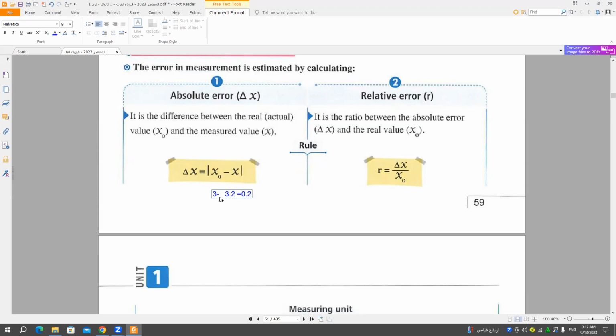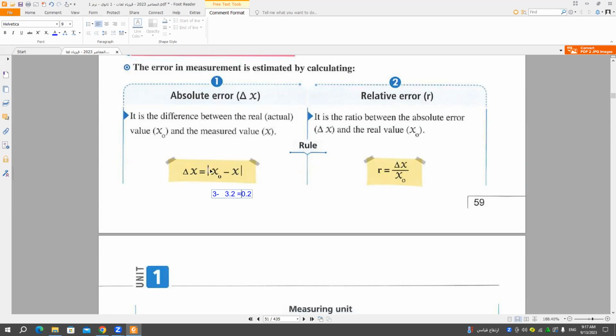It is the difference between the measured value and the real value. 3 minus 3.2 equals negative 0.2, not 0.2. But we have here the two dashes, which is called modulus. It takes the magnitude of this value, whatever it is, positive or negative.